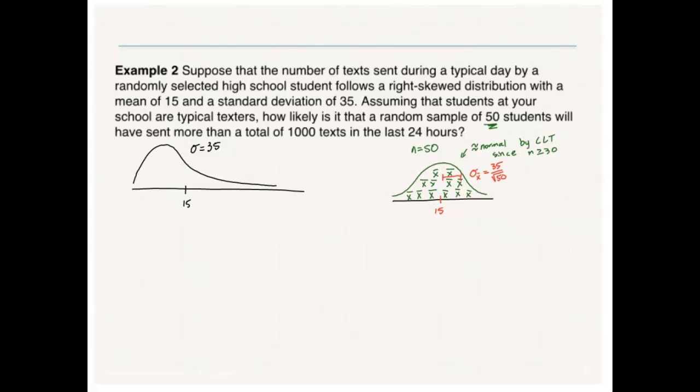So this is an example I put in here because it'll come up in the AP exam pretty often where they don't ask us how likely is it that a random sample of 50 students will have an average of blank texts in the last 24 hours. They say we'll have sent more than a total of 1,000 texts, but we can put this in the context of average. So if the 50 students send more than a total of 1,000 texts, how many do they send on average?